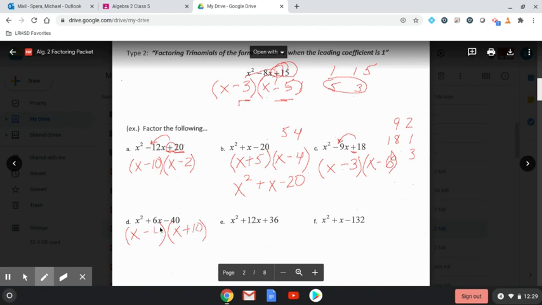This would be the negative. And think about it, right? If you were to FOIL, if you were to just do the outer and the inner terms, that's what makes up that middle term, right? 10x minus 4x, 6x. All right.